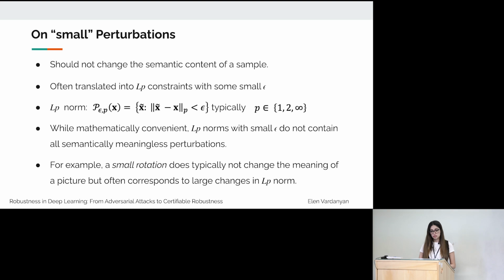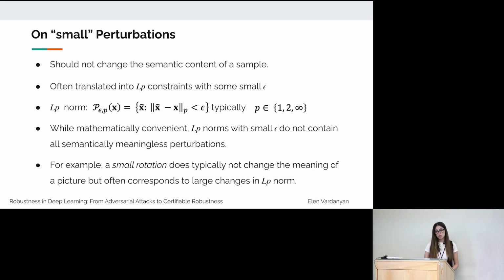As a reminder, the Lp norm is defined like this, where p can be any natural number or infinity, but usually in these scenarios we take L1, L2, or L infinity. The perturbation set would then be given by this formula here.